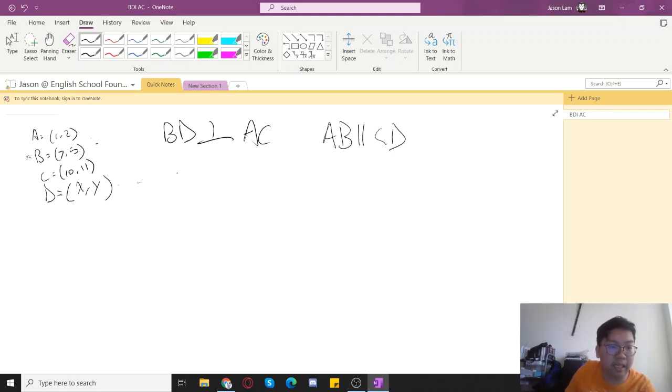Okay, so let's find AC. I think we did find AC just now, so I'll just find it quickly. 9 is X. Okay, AB parallel to DC. So for AC we need to find the perpendicular, so that's going to be y equals minus X, and then BD.